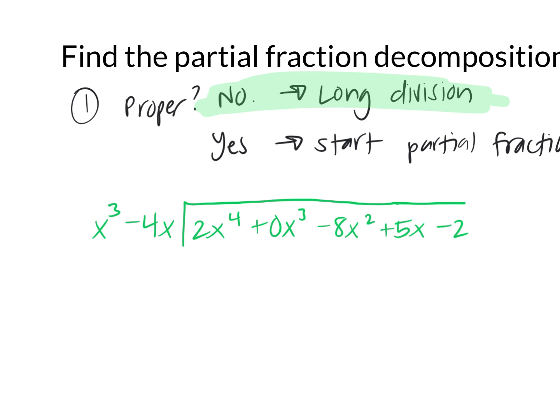So this is our step 1. The first 4 questions on your homework are, is the fraction proper, yes or no? And if it is not proper, you have to do the long division, okay?